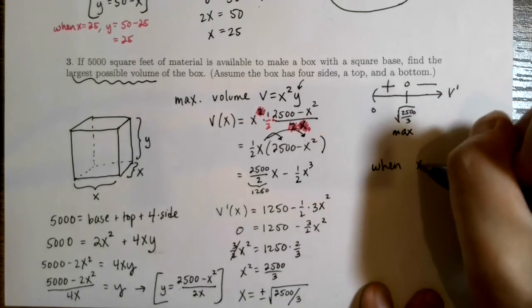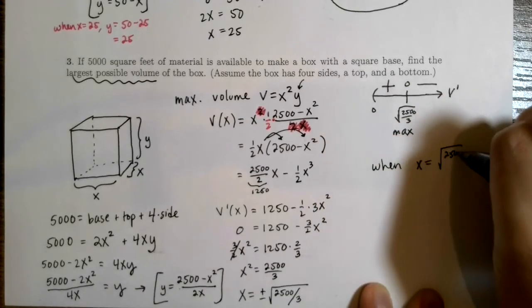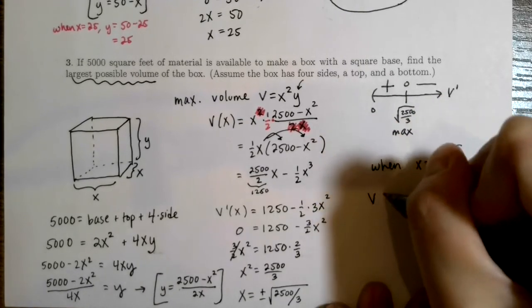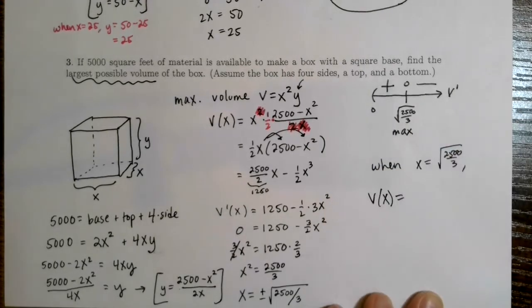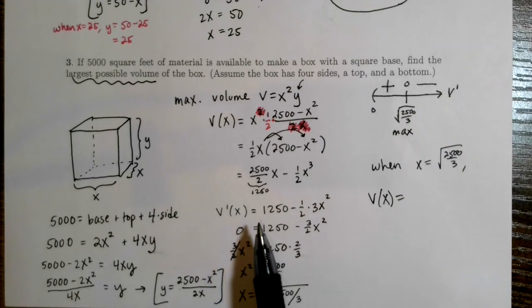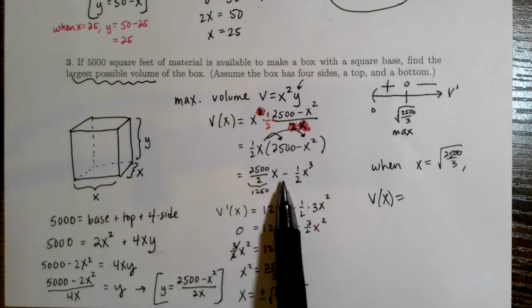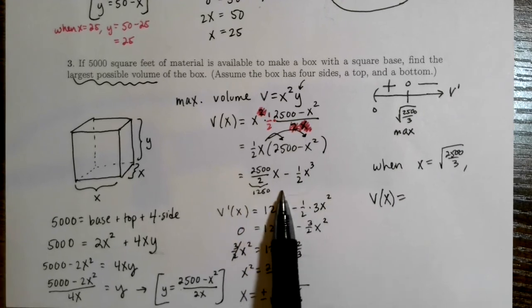So we'll say when x equals the square root of 2,500 over 3, your volume is, I'm not sure which of these is going to come up the prettiest. Why don't we use this last form here?